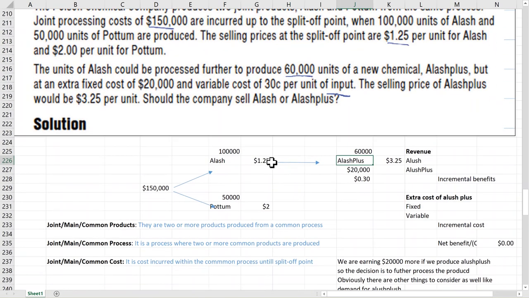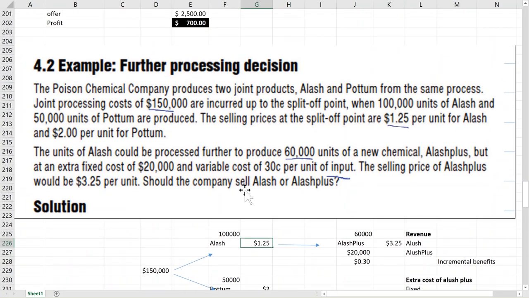So we have LH and Potom made, 100,000 units of these, 50,000 units of these, and they are sold for 1.25 and 2 if they are not further processed. We could further process LH, and it will make 60,000 units, because some of them will be maybe wasted, or maybe the LH plus are bigger units.